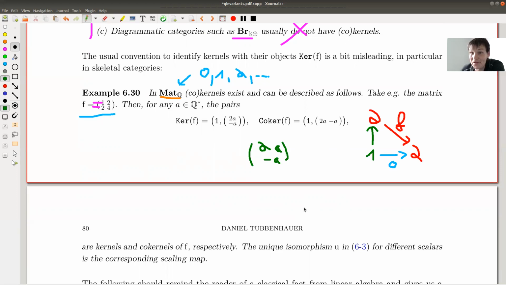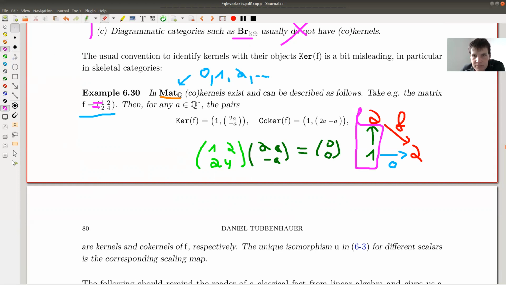And why is it the kernel? Well, this is a kernel because if I compose it with f, I hope I've done my calculation right, you multiply this, and it's 0. So this is really just something that fits here and makes this diagram commute.